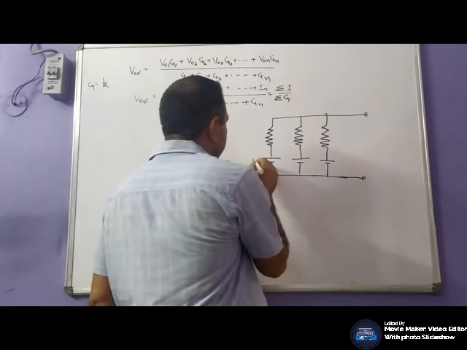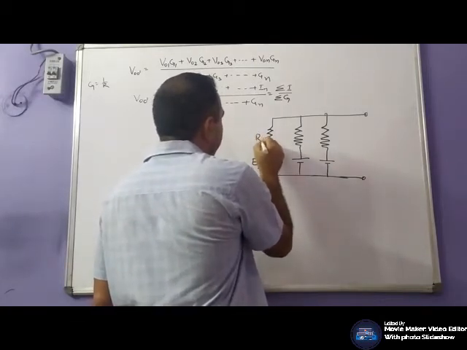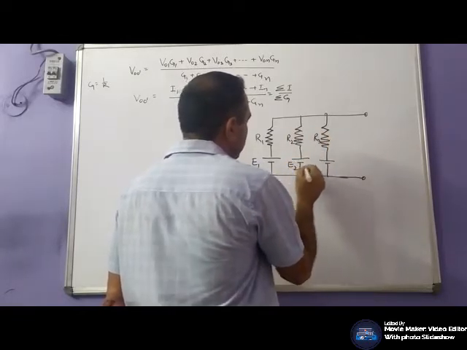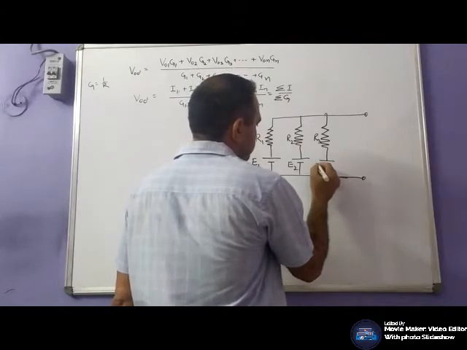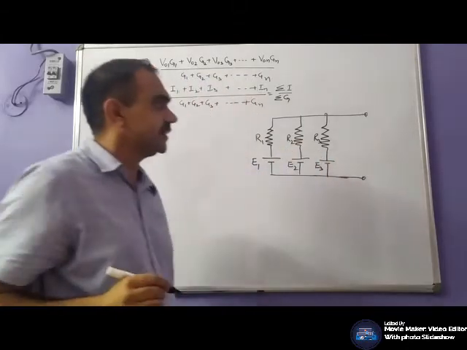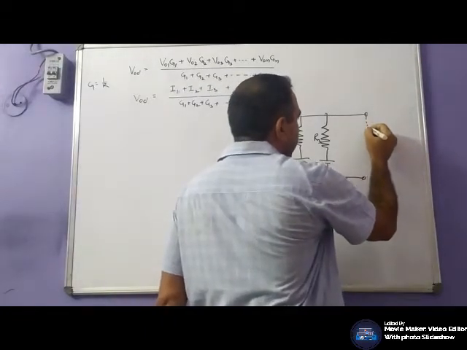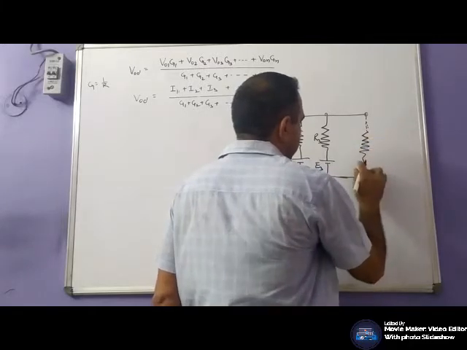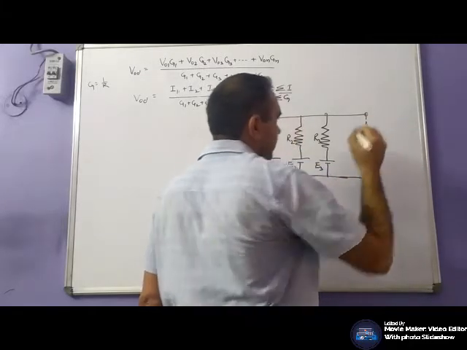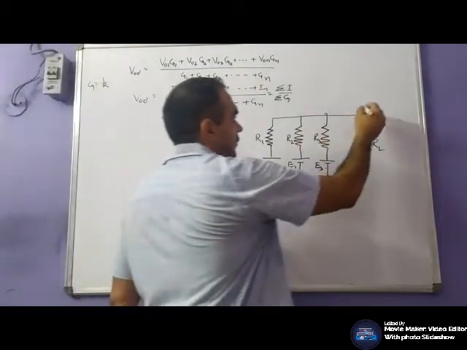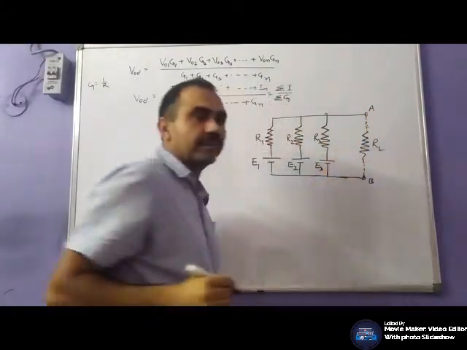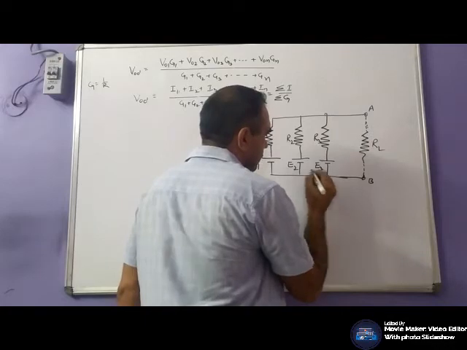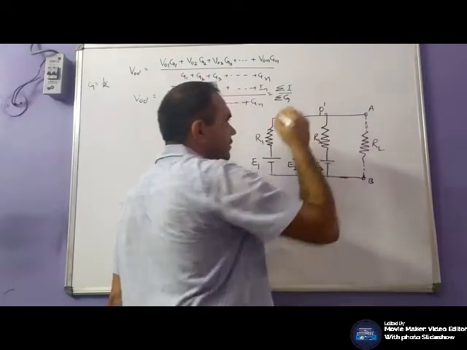Let this one be E1, R1, R2, R3, E2, E3, and this be the R, with terminals A and B. Now let this be the O and this be the O dash.